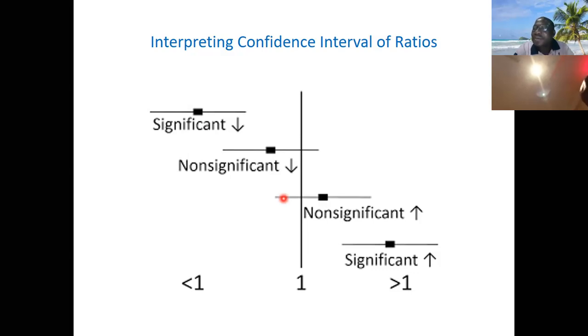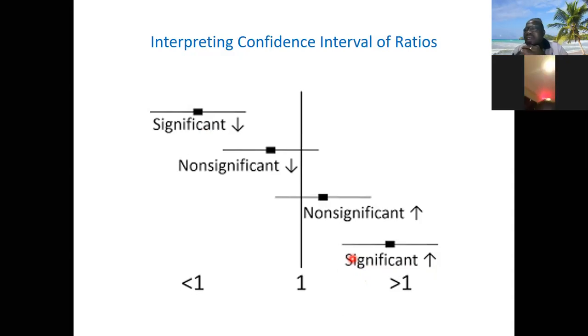If it is on this side, something after 1 and then somewhere after 1, since it does not include 1, it means that the exposure is causing the disease and it's significant. So whether the odds ratio is 0 point something or greater than 1, once the confidence interval starts from 0 point something and goes past 1, forget it, it's not significant.